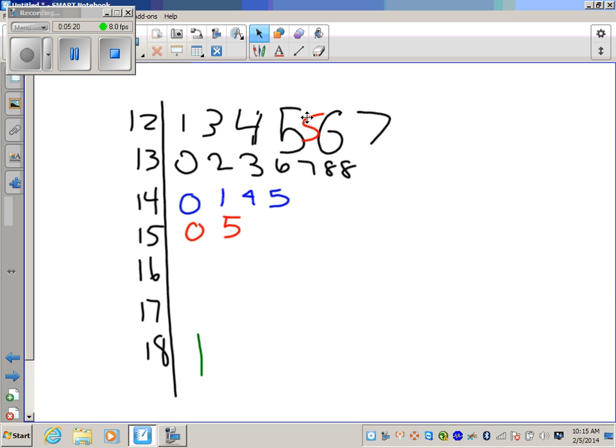Good. 140, 141, 145, 144, 145, 150, 155. Nothing in the 160s or the 170s, and the 181. Good. How many of yours look exactly like that? Now, when they say that a stem and leaf plot shows you the shape of the data, what do they mean?